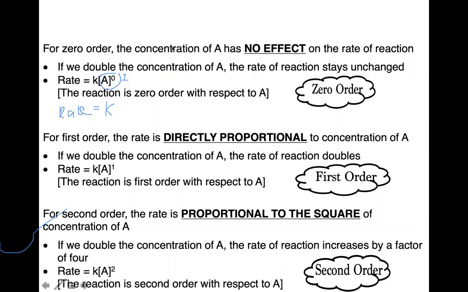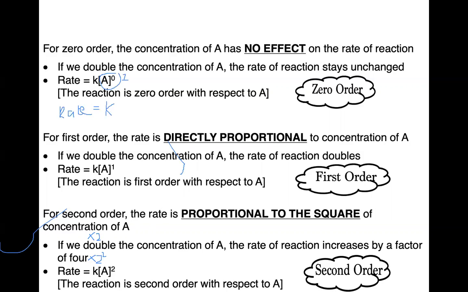Because the concentration increased by 2, so the rate will go up by the square of 2, which is 4. If I increase the concentration of A by 3, for example, my rate will go up by 9. That's what it means by the rate being proportional to the square.